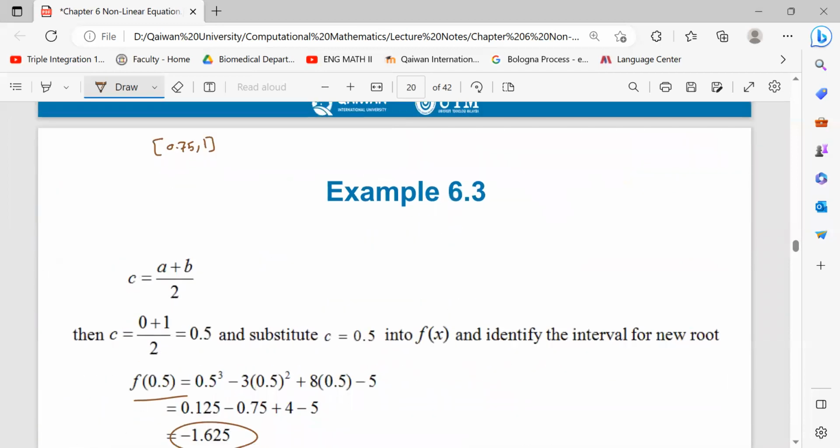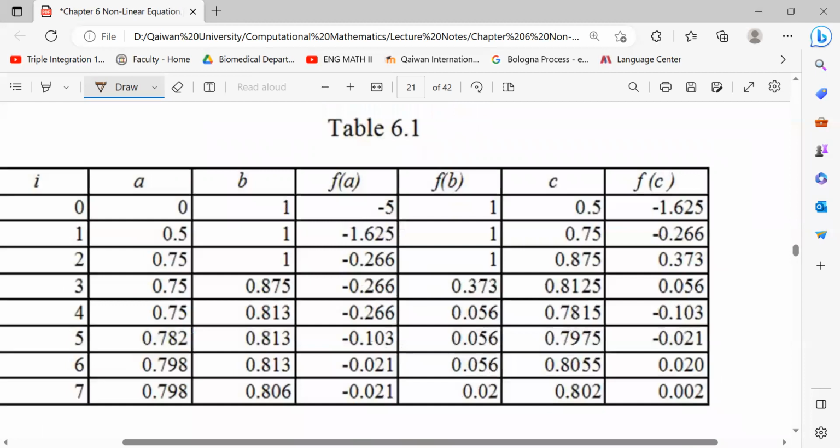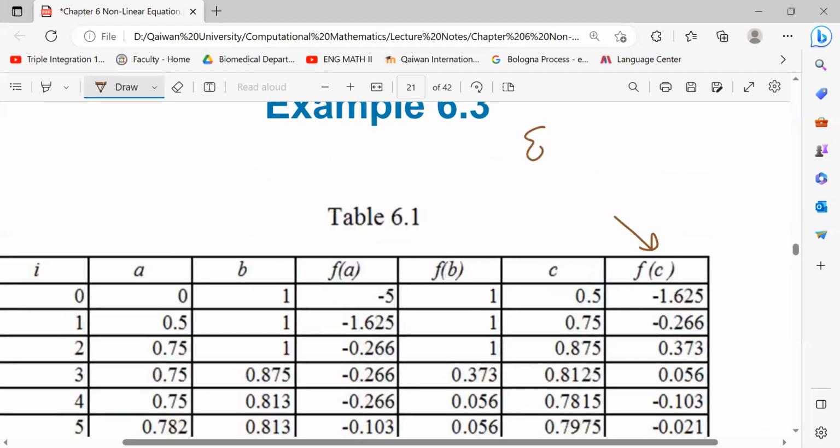We now have the next step, so look here. We have 7 steps, 7 iterations here. We say if f of c, of the last c that you found, is less than epsilon. It was given that epsilon is 0.005.